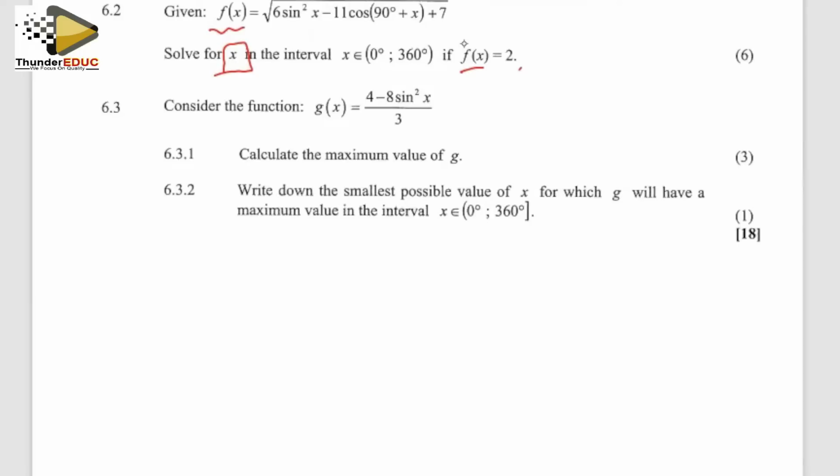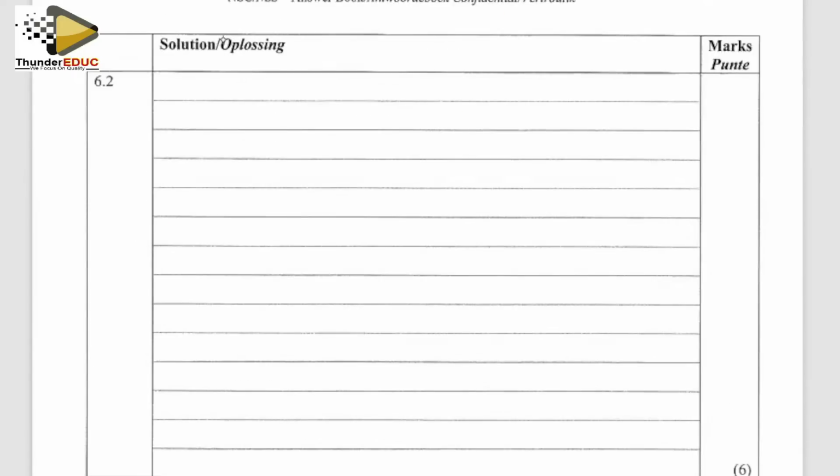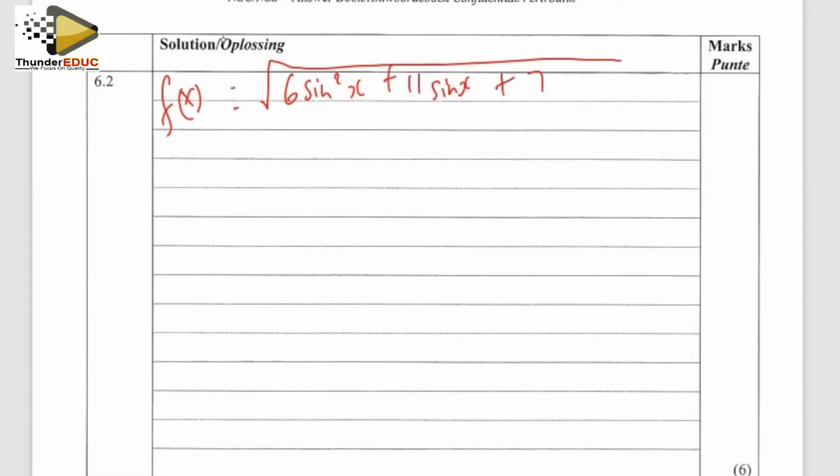So what I'm going to do, let me jot it this side and say that f of x is the square root of 6 sine squared x plus 11 sine x plus 7. But they said f of x is 2. So I'm going to replace this with a 2. Okay, that is 6 sine squared x plus 11 sine x plus 7.